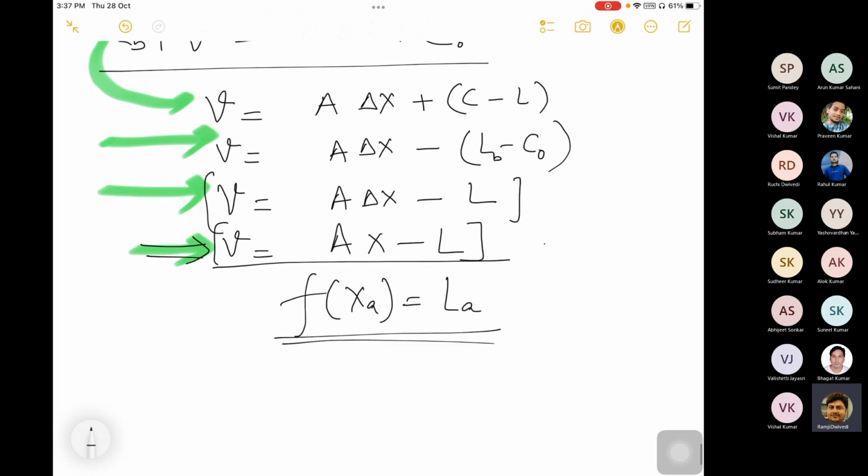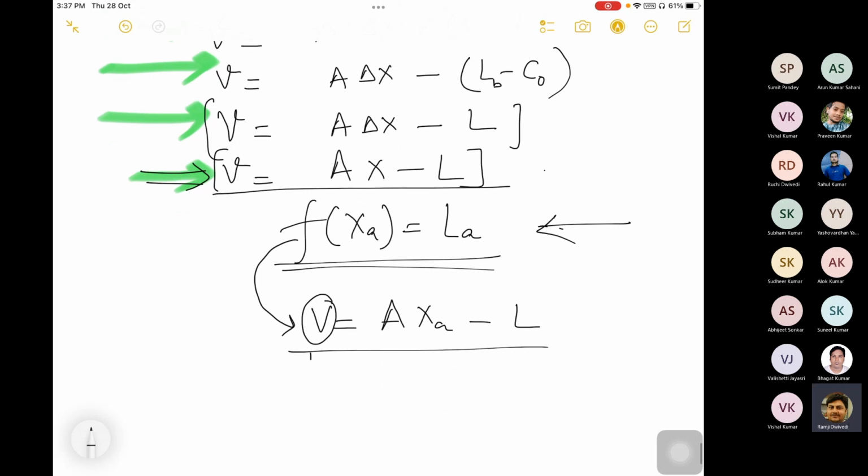You started with this because you thought it was a possible mathematical model which would fit in your problem. Then after linearization, you arrived at V is equal to AX minus L. This is the linearized version of this.